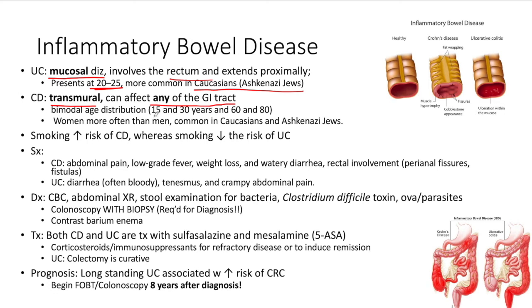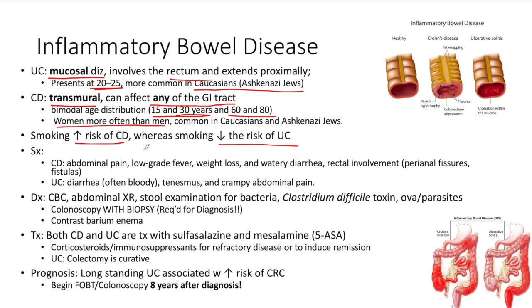Bimodal age distribution, so we're looking for younger patients or older patients, but it typically wouldn't be someone who is 45 years old presenting with Crohn's disease, for whatever reason. Women are affected more often than men, but it's perfectly possible to see men with Crohn's disease. Don't make that your way to diagnose this, okay? Smoking, for whatever reason, increases your risk of Crohn's disease, but it decreases your risk of UC.